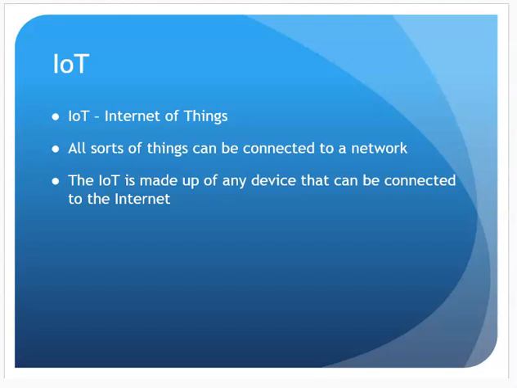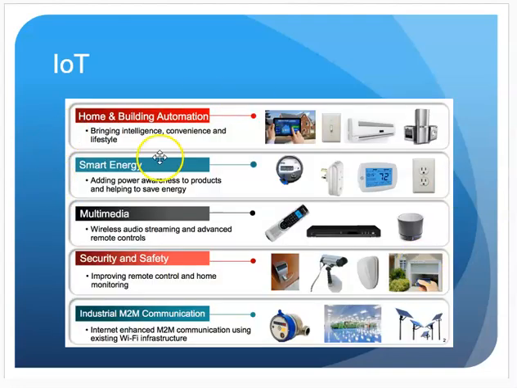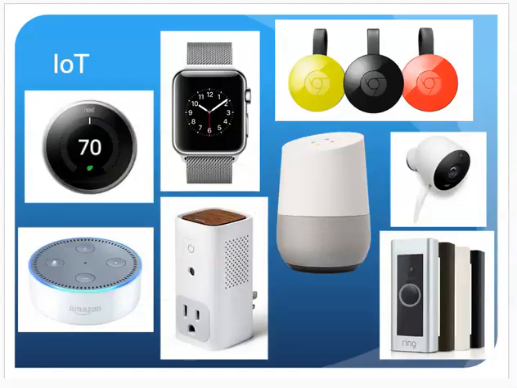Could be thermostats, other smart devices, whether it be light bulb controllers or switch controllers or those sorts of things. Plenty of things that are connected to our network now, and a lot of those fall into the Internet of Things. These kinds of devices are connecting to our network, and a lot of these are using wireless. Some of these are using Bluetooth for local connection, but a lot of these are actually using a wireless connection. Things like your Ring doorbells and cameras and smart speakers, and smart thermostats are usually using your wireless network.